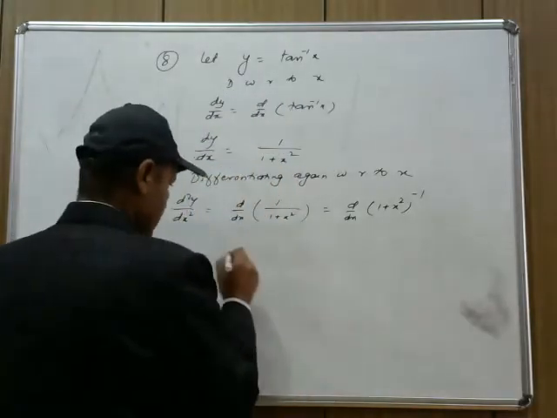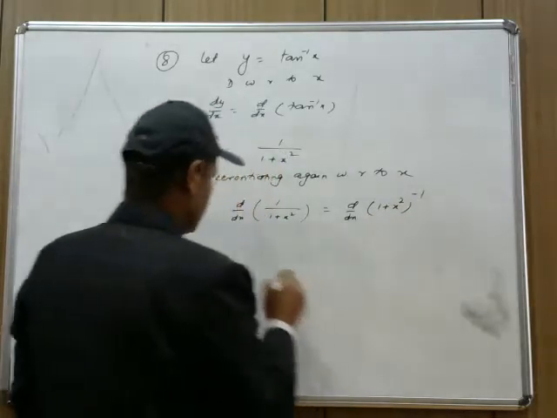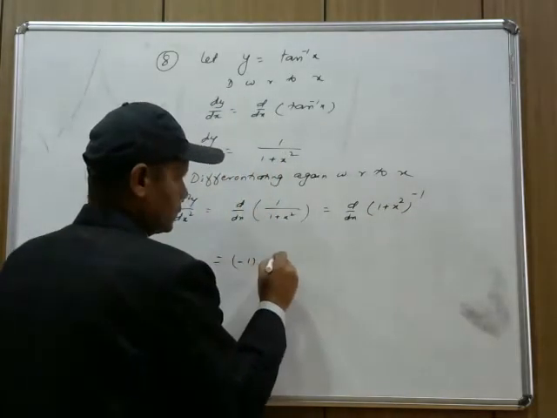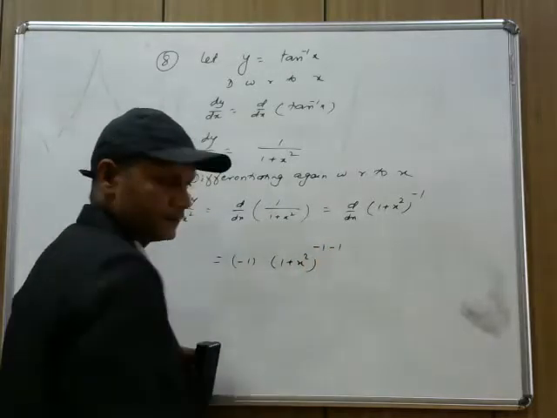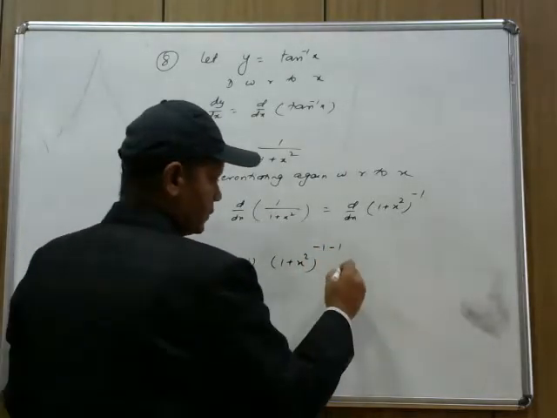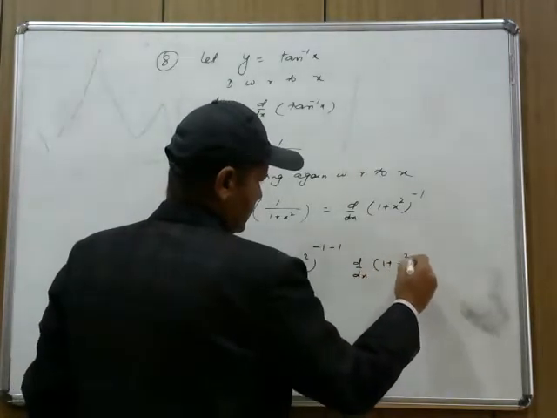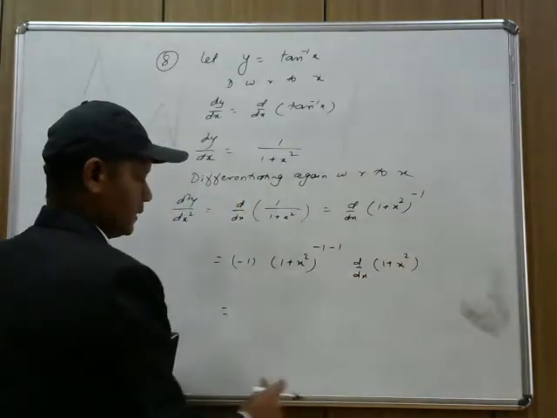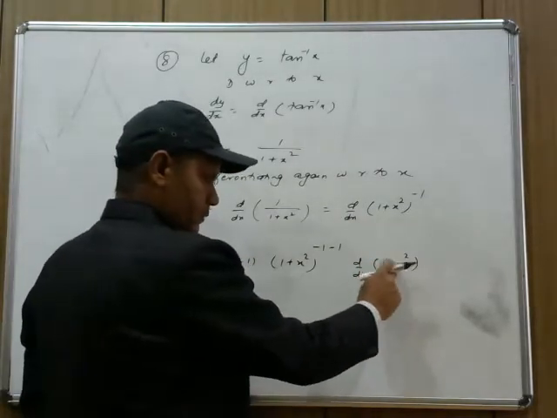Suppose if I go for the second part, differentiation of 1 plus x square to the power minus 1. So now minus 1 into 1 plus x square to the power minus 1 minus 1, right, into differentiation of 1 plus x square. Differentiation of 1 will be 0, differentiation of x square will be 2x.